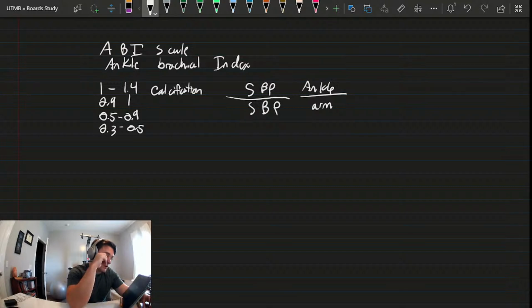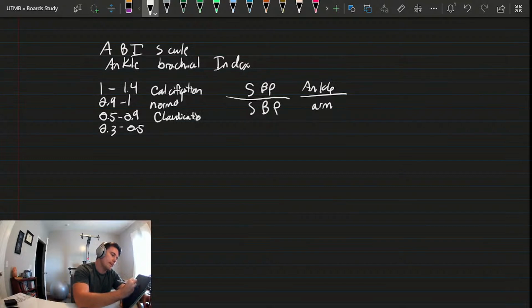That means that the ankle is a lot higher than the arm, so it shouldn't be, because your arm is a lot closer to your heart, so it should have a little bit higher blood pressure than your leg. Here is normal. This is going to be claudication with exercise, and this is going to be resting claudication.